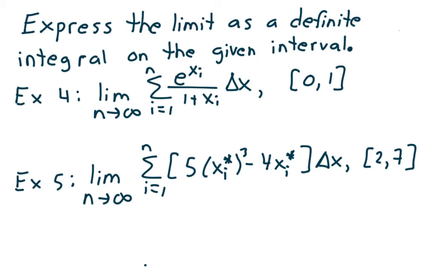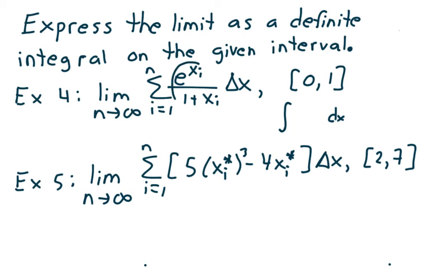Now, let's look at these directions. Express the limit as a definite integral on the given intervals, so we don't have to evaluate. Here we have the limit as n goes to infinity of the summation from i equals 1 to n of e to the x_i divided by 1 plus x_i, delta x. For lack of a better term, my delta x is going to become dx.